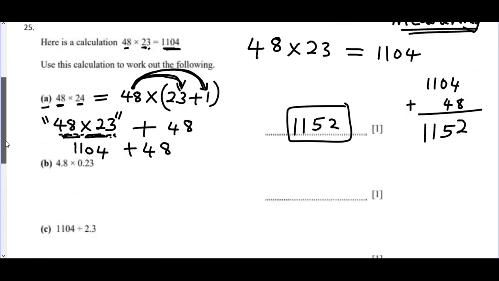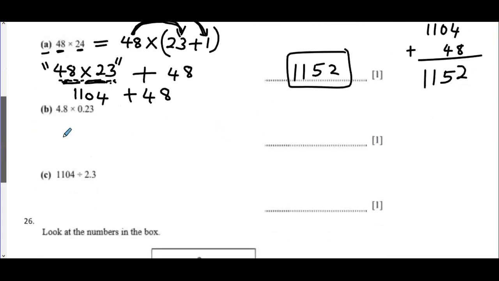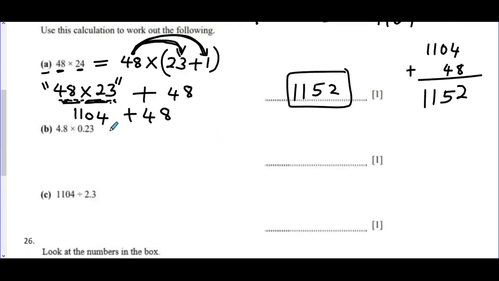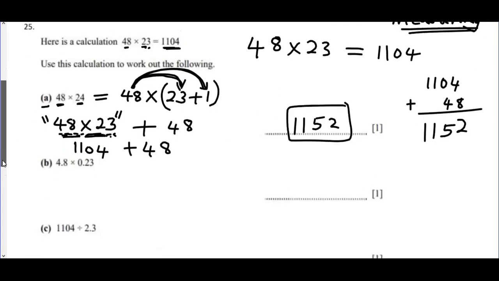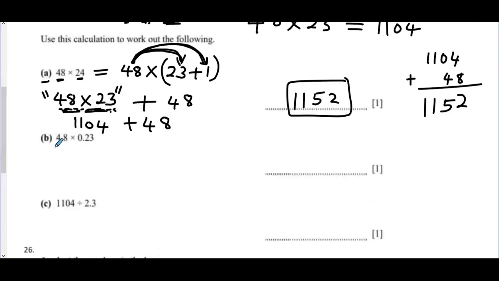All right, the next question is 4.8 times 0.23. In the given calculation I don't have any decimal, but here I do have decimals. So I'm going to convert all these decimals into fractions. 4.8 becomes 48 over 10, times 0.23 as a fraction, which is 23 over 100.